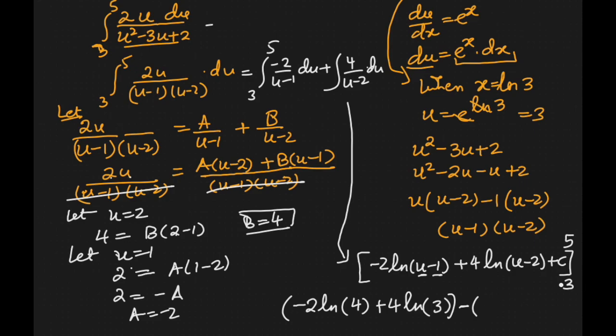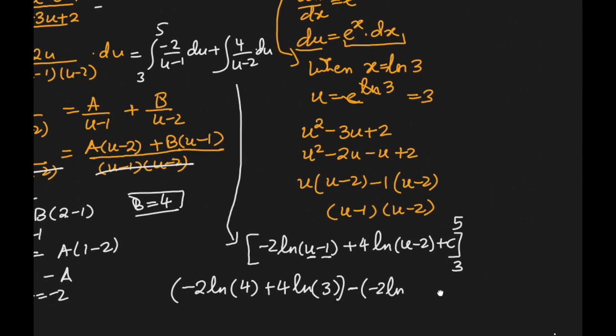Minus, I'll substitute 3 now, minus 2 natural log of 3 minus 1, which is 2, plus 4 natural log of 3 minus 2, which is 1, and done. So natural log of 1 is 0, this is gone.